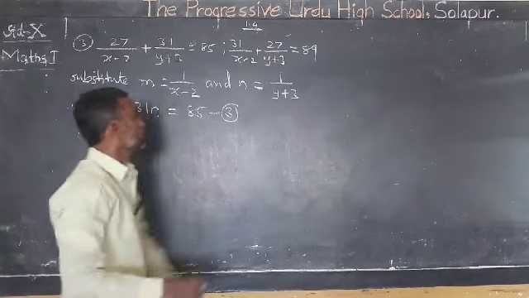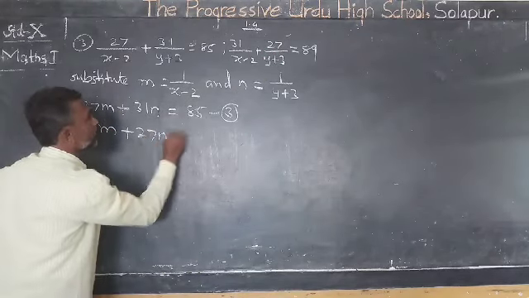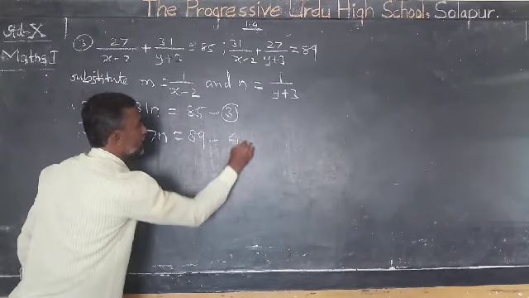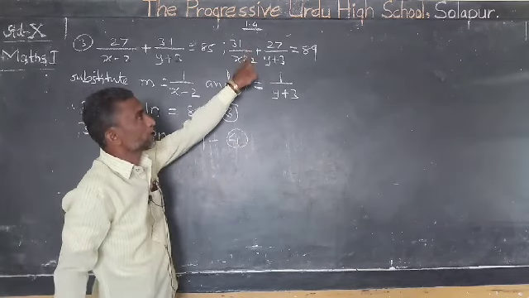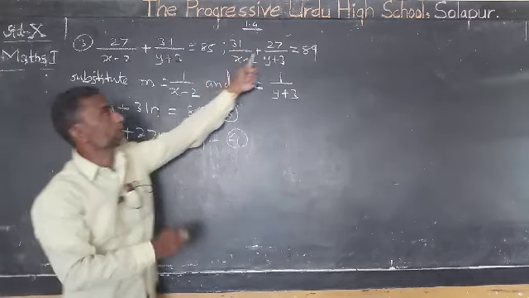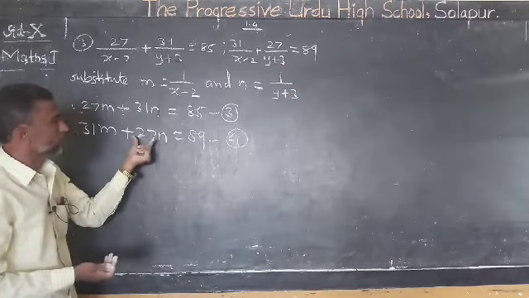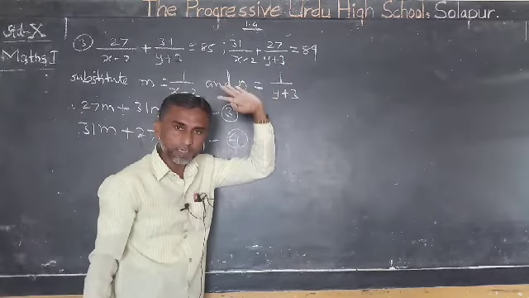Similarly, put here also: 31m plus 27n is equal to 89. Equation number 4. 1 upon x minus 2 means m, and 1 upon y plus 3 means n.